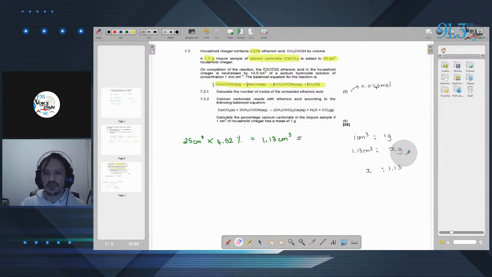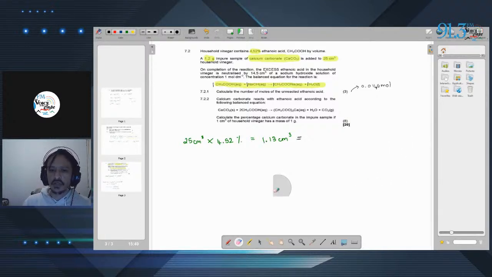So x is 1.13. Let me just check something again. So it's 1 centimeter cubed is equal to 1 gram. That is correct. And then 1.1. Yeah, that's right. So this is 1.13 grams. There we go. Right, so we have 1.13 grams of vinegar.